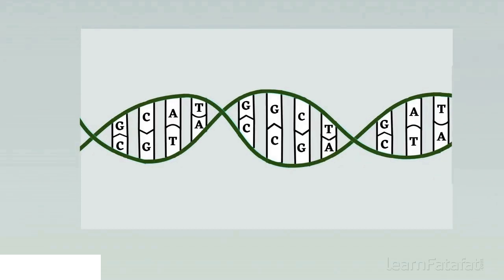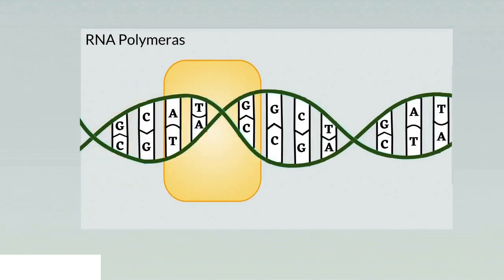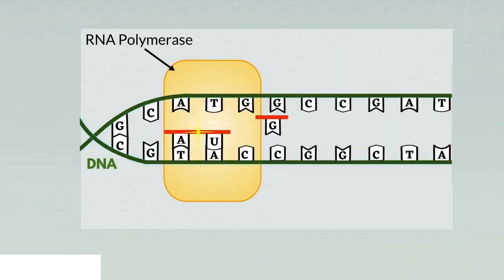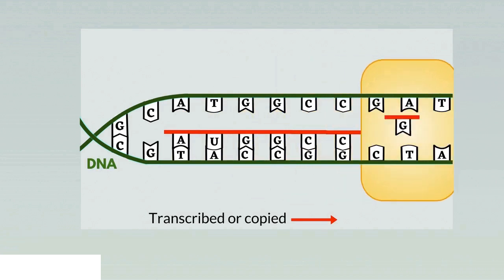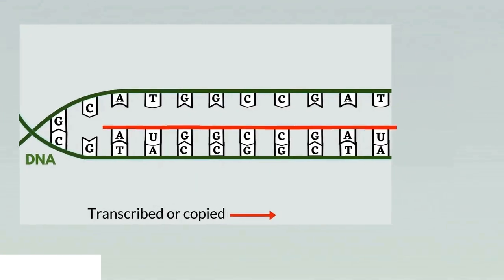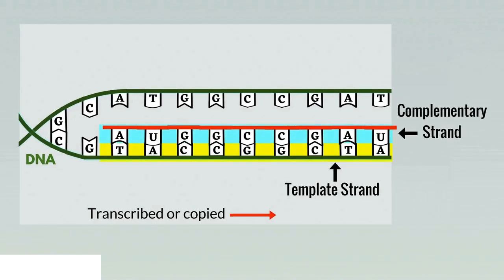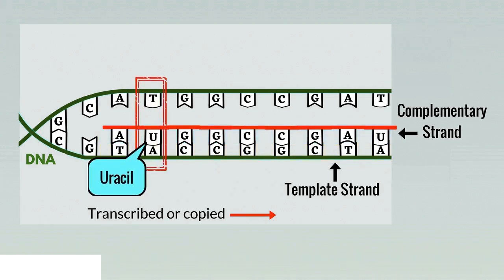Initially, an enzyme called RNA polymerase acts on DNA and unwinds it from the starting sequence to be transcribed or simply copied. The enzyme takes only one strand as template and produces its complementary strand. The unusual thing here is the formation of the base uracil instead of thymine.